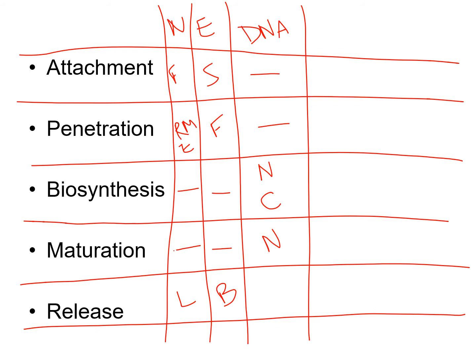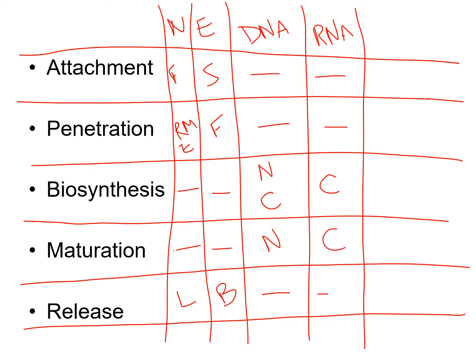DNA is not transported out. And release, you have no information. Then RNA viruses. RNA viruses, again, no information on attachment or penetration, but all the biosynthesis occurs in the cytoplasm, maturation occurs in the cytoplasm, and no information about release.